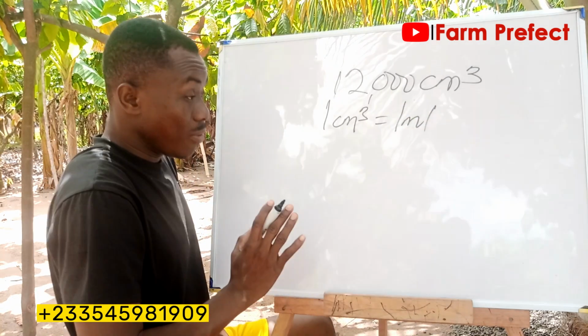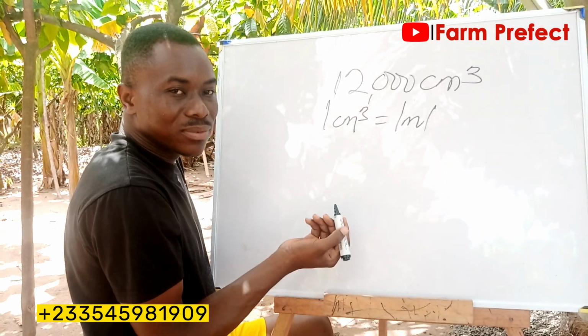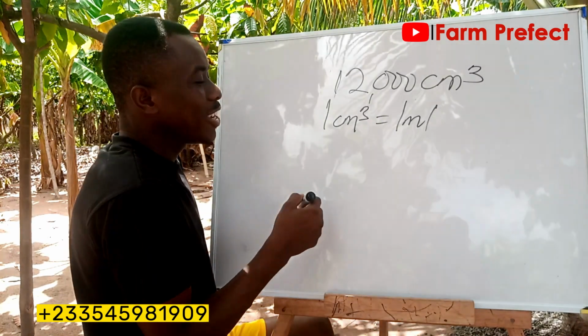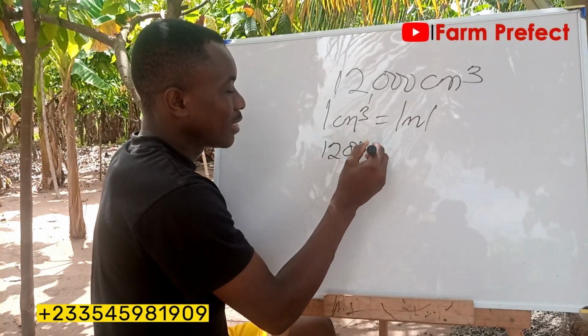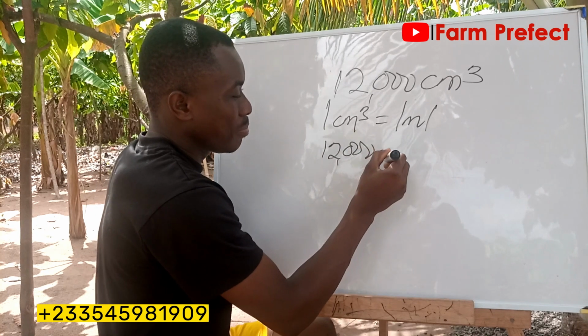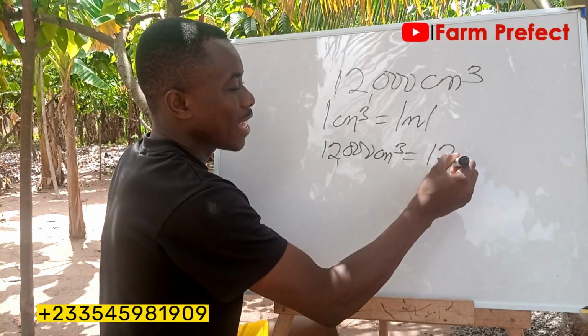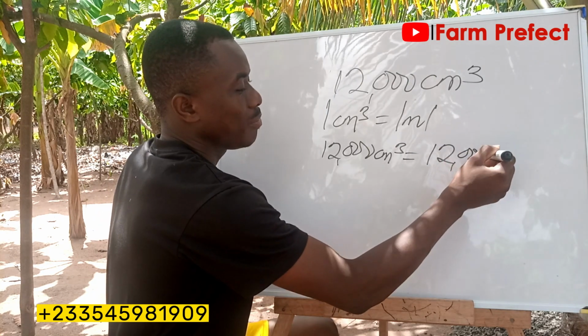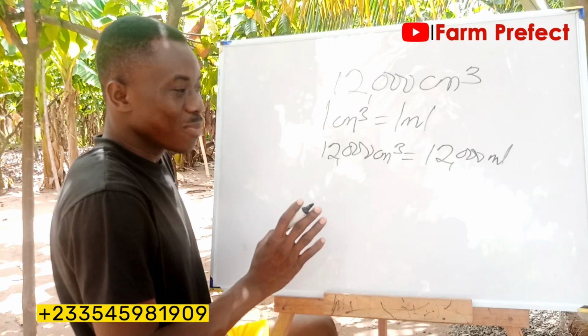That is very simple. Now watch. 1 cm cube is equal to 1 mil. So what it means is that if I have 12,000 cm cube, it will basically be equal to 12,000 mil. Bingo. You get it? No much work.